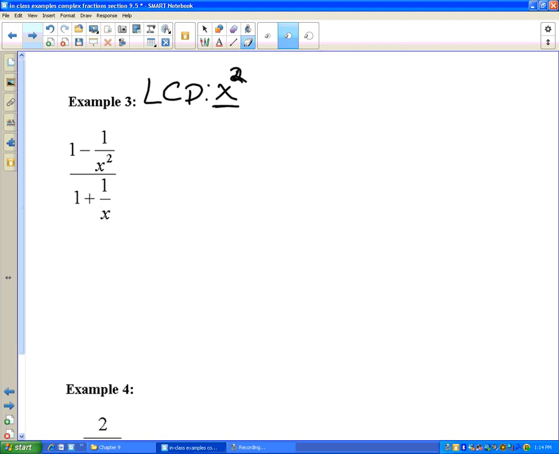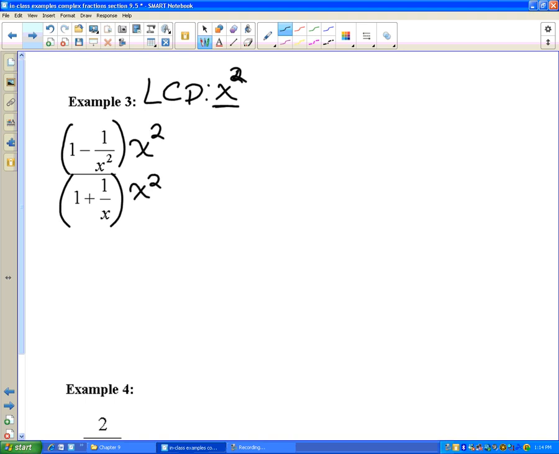So now I'm going to multiply my numerator and my denominator of the large fraction by x squared. Now, since I have a binomial, I need to distribute the x squared into both of my terms.